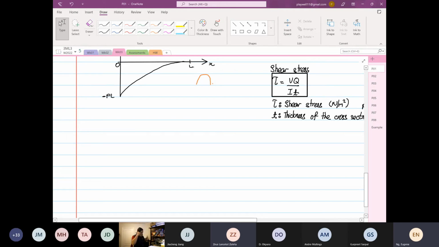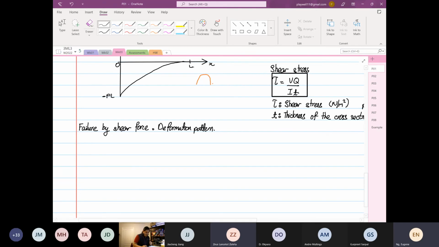So let's look at failure by shear force, and let's look at the deformation pattern.